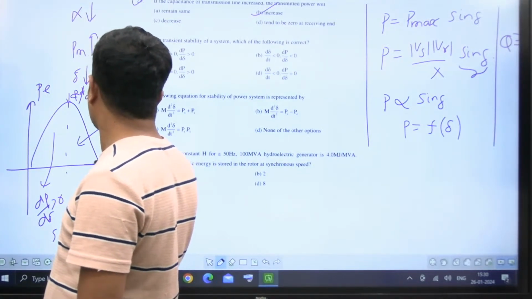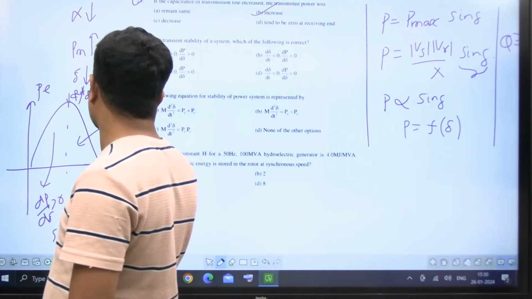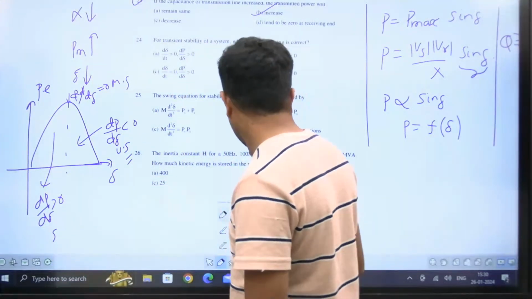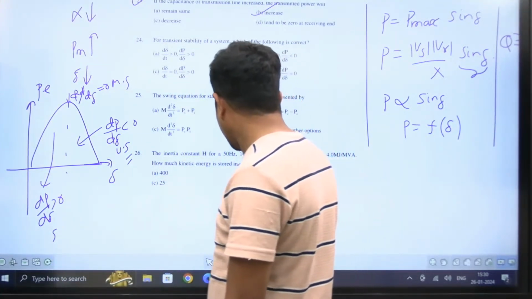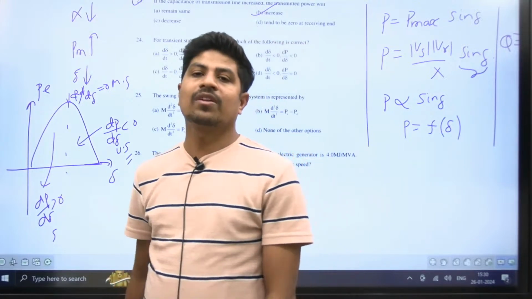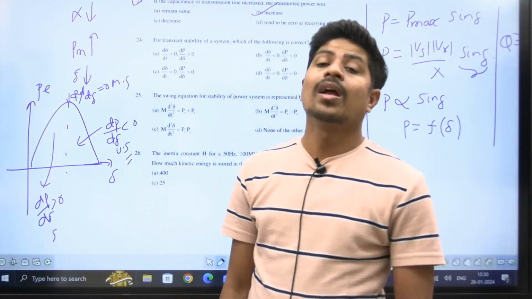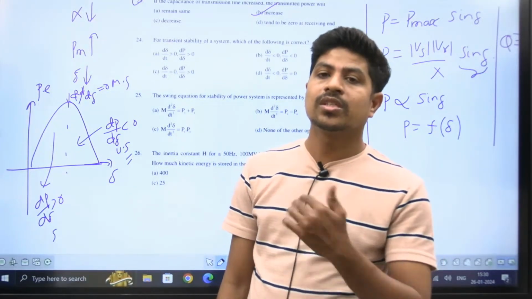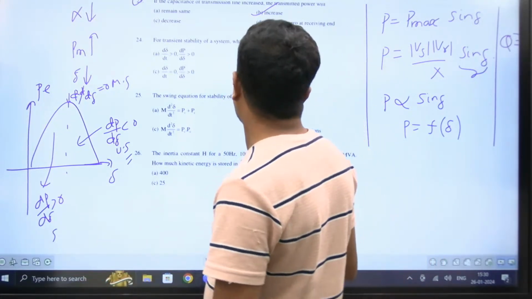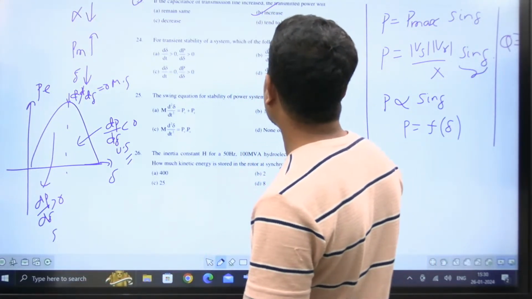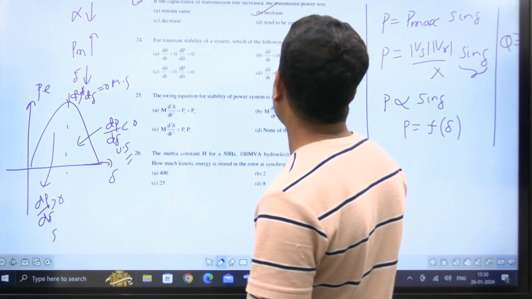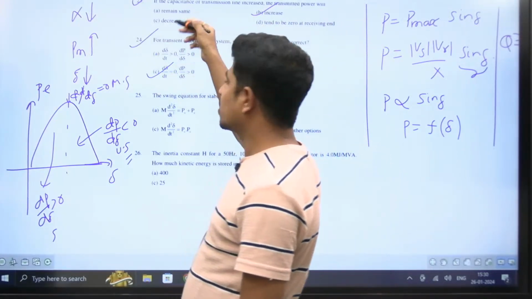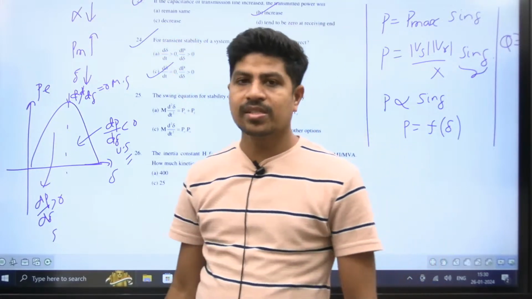Here dP by d delta less than 0, it is unstable, right? Clear? So the point here is that for a system to be stable, dP by d delta must be greater than 0, and its angle must remain at a constant point. Angle should not change unnecessarily. So dP by d delta must be greater than 0, and d delta by dt must be equal to 0. Yes, the option is C.